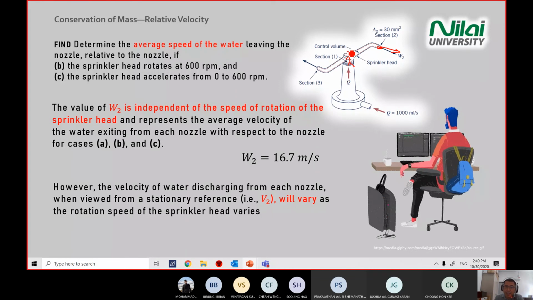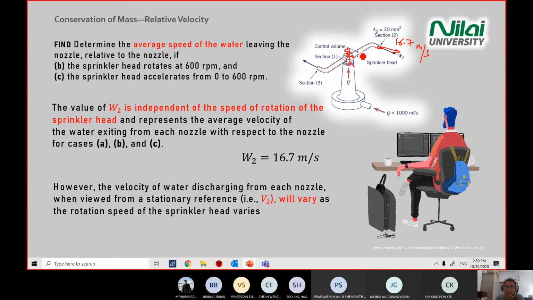So let's say you're sitting here, and then you look at this water spray out. The first case is you do not rotate, meaning the water sprays out from here, and you find the value. In this case, we find 17.7 meters per second shooting up from this head. In cases B and C, this sprinkler head rotates.